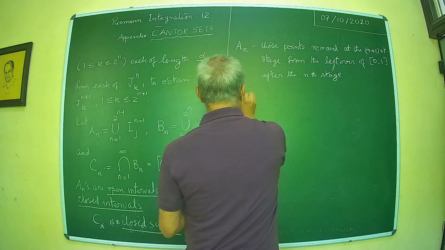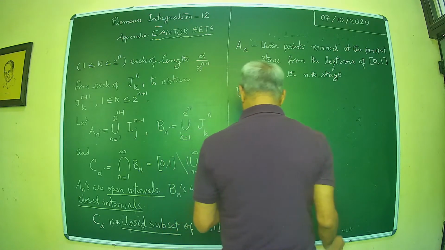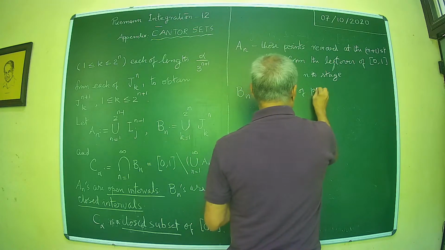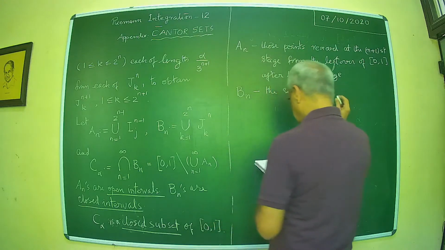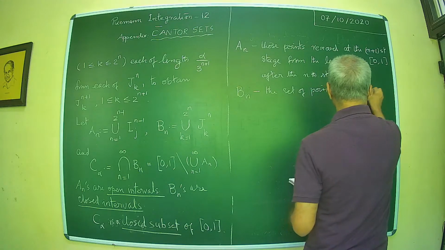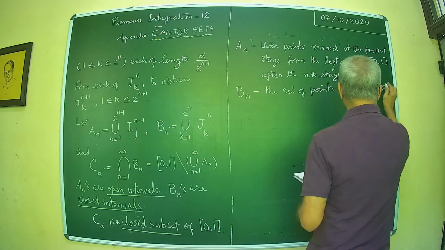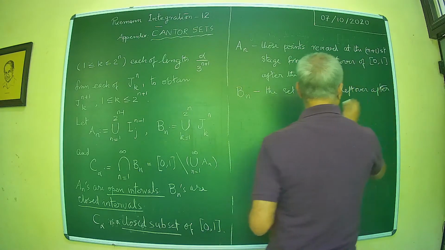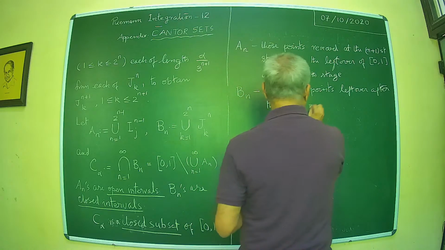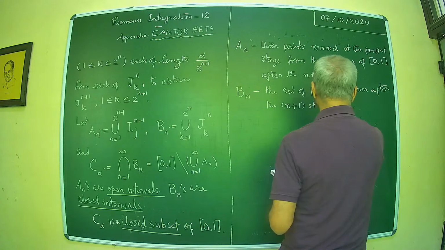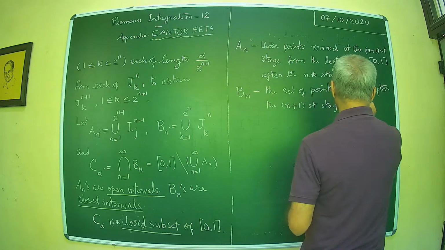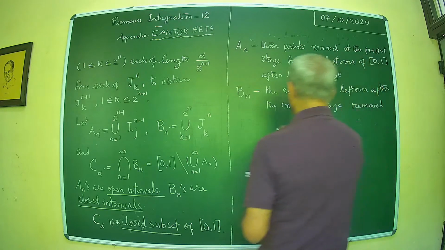Now B_n is the set of points left over after the n plus first stage removal has been completed.